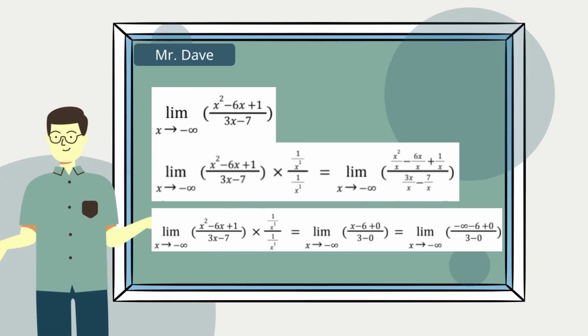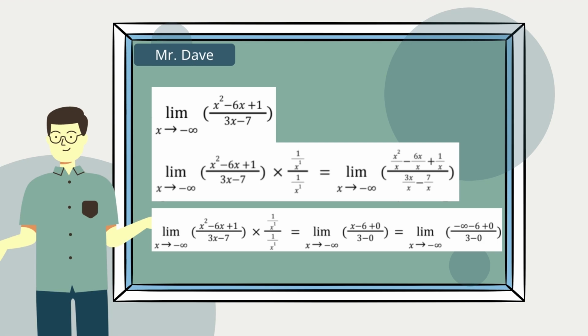The limit of (x squared - 6x + 1) over (3x - 7) as x approaches negative infinity, times (1 over x raised to 1) over (1 over x raised to 1), equals the limit of (x squared over x - 6x over x + 1 over x) over (3x over x - 7 over x) as x approaches negative infinity.